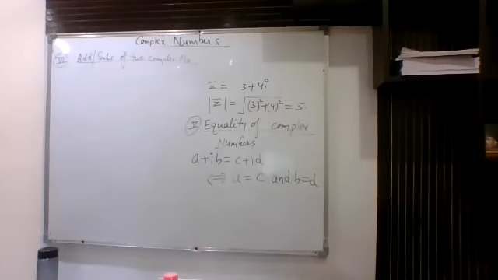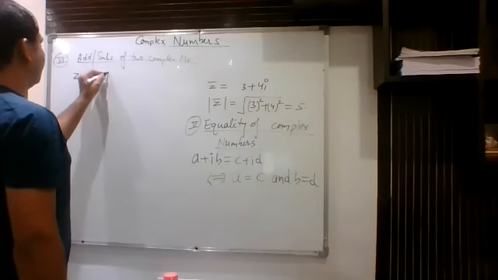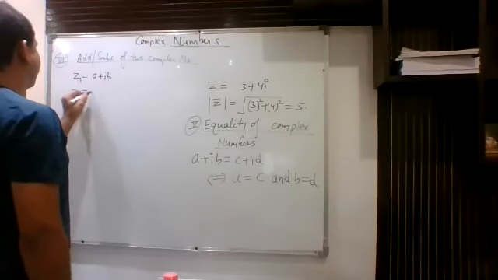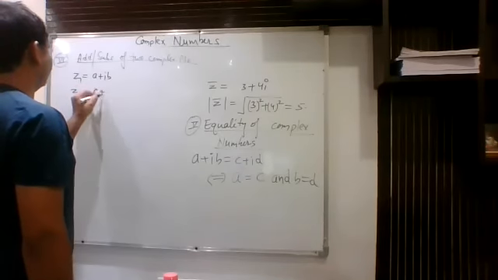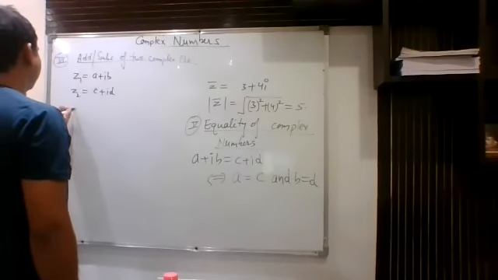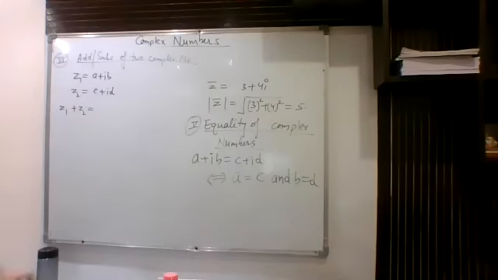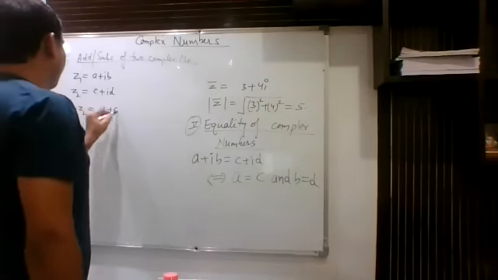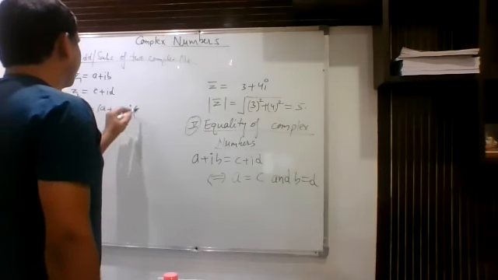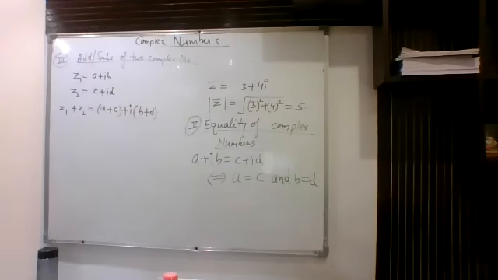Suppose Z1 is given as a plus iota b, and Z2 is given as c plus iota d. You want to find Z1 plus Z2. So here you will just club real part with the real part, that is a plus c, and imaginary part with the imaginary part. So this is how you will perform addition of two complex numbers.